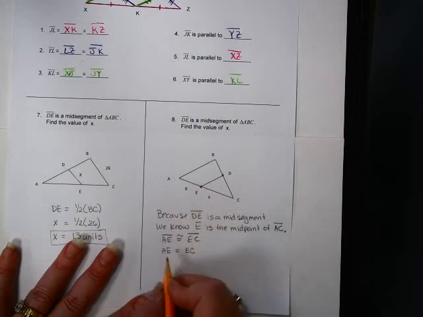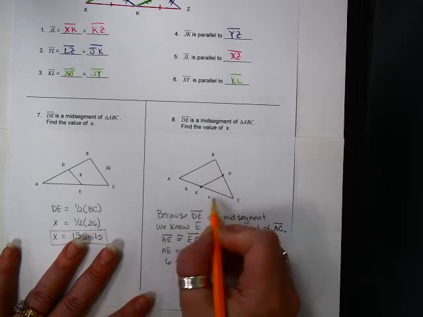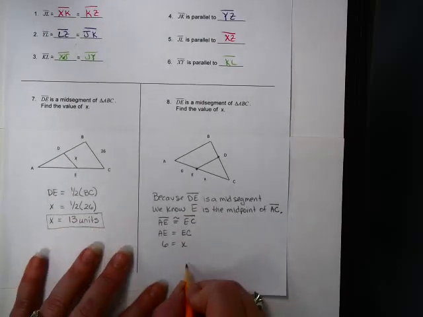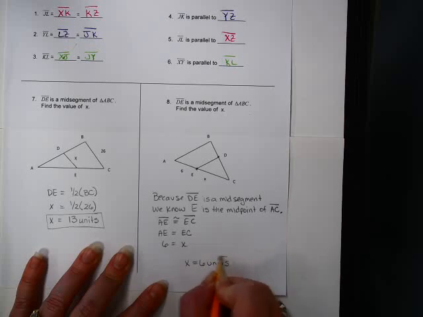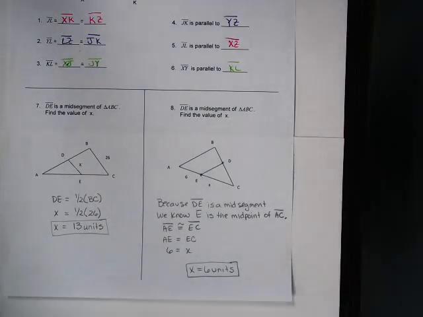Okay, so plug in what I know. AE, they say is 6, so that's going to be 6. EC is X, so that's going to be X. So what we found was that X is equal to 6 units. Alright, next page.